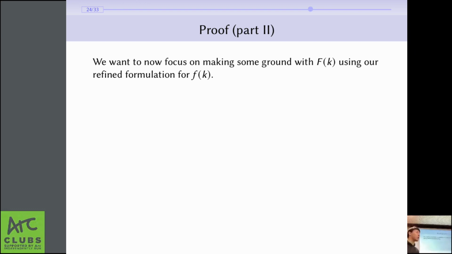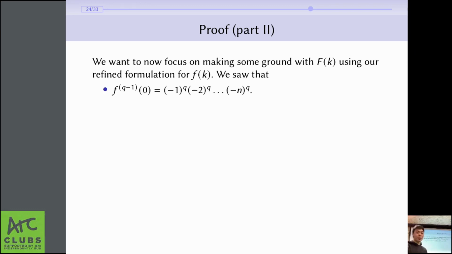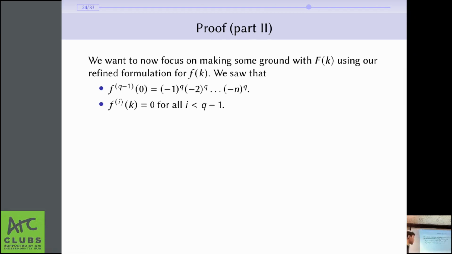So what we're going to do is figure out what to do with this capital F of k, using the fact that we now know an explicit formula for little f of k. The first thing we saw was that if we evaluate the q minus 1 derivative of f at 0, we ended up with minus 1 to the q times minus 2 to the q up until minus n to the q.